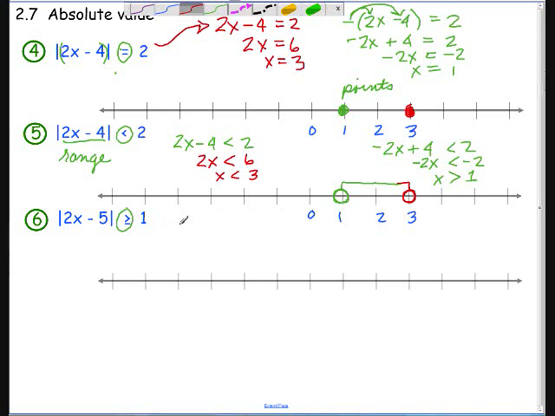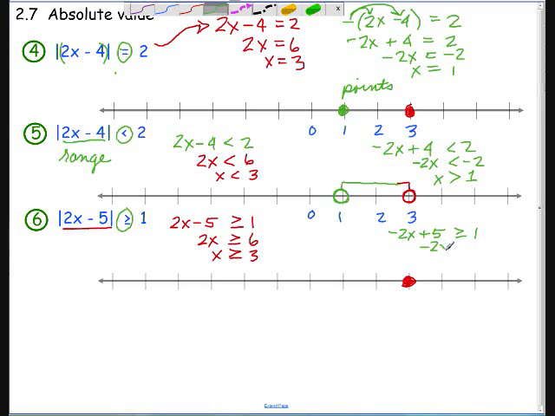Now I'll do this one. This will give me, for the positive, 2x minus 5, that's the positive version of this expression, is greater than or equal to 1. I'll solve for x in this inequality, greater than or equal to 3. So if I use the same number scheme, only this time I'm going to fill it in, aren't I? Now I'm going to do the negative version of this, which would be negative 2x plus 5 is greater than or equal to 1.